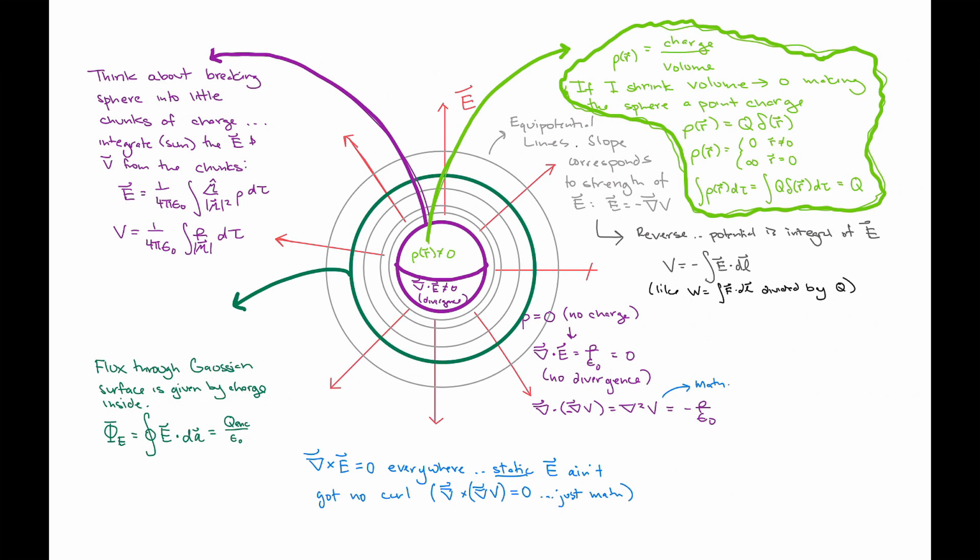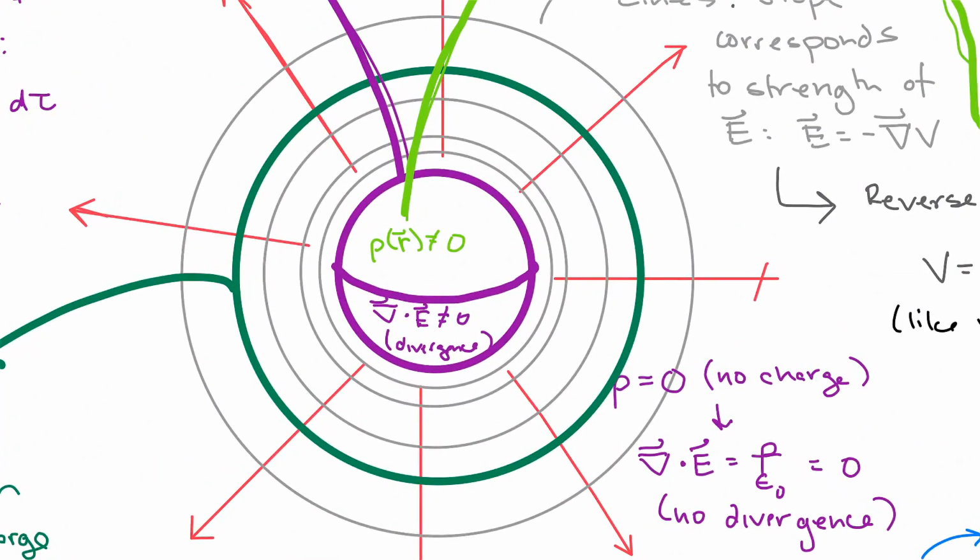So I want to start with what I've drawn, and what I've drawn here is just an object that is charged. In this case, I kept it simple. It's a sphere. I don't really know what the charge density of the sphere is, but it's not 0. Because the charge density of this sphere is not 0, I know that the divergence is also not 0.